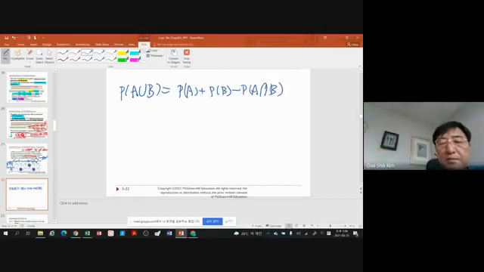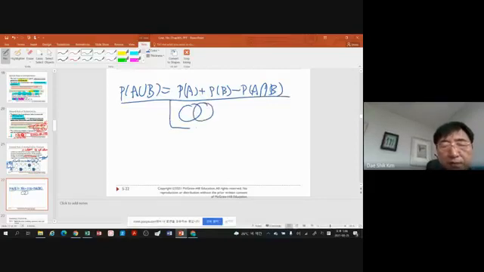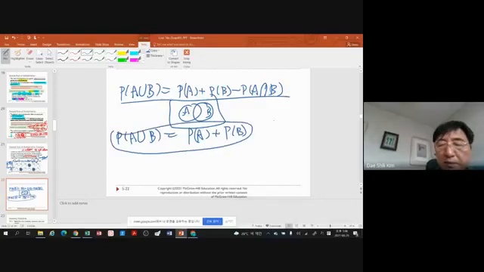If they are not mutually exclusive, you need to use this one. Venn diagram like this, A and B. If A and B are mutually exclusive, P(A or B) will be equal to P(A) plus P(B) directly, because in the Venn diagram this overlapping part will be zero, nothing happened.